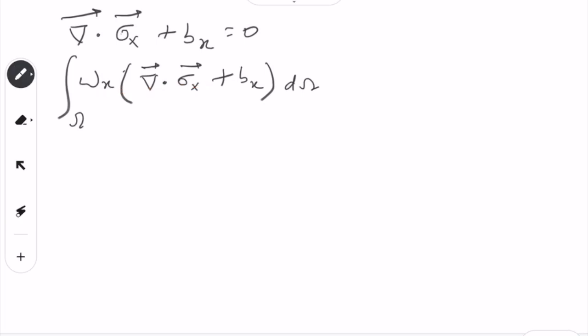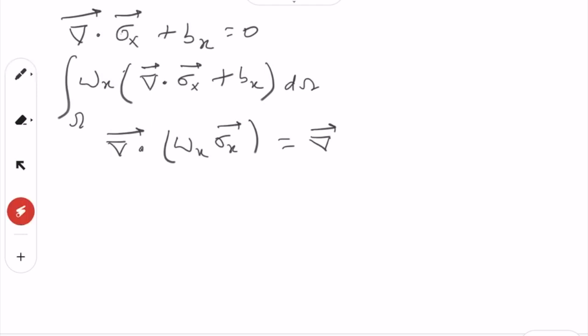So what I mean to say is, this divergence of wx times sigma vector will be equal to what? We will have divergence, so this will be basically the differentiation by parts. What it means, we can see here.